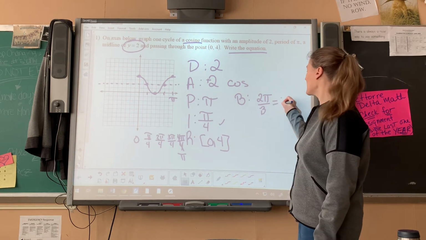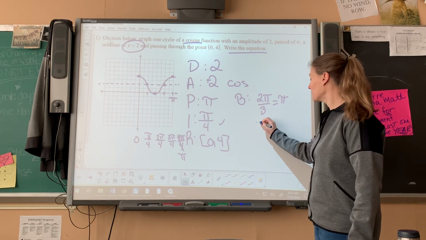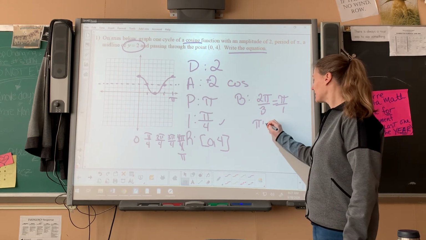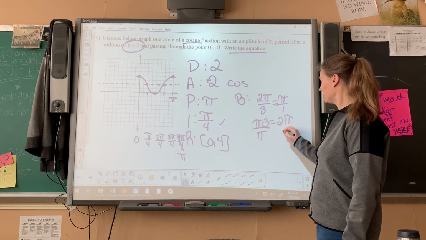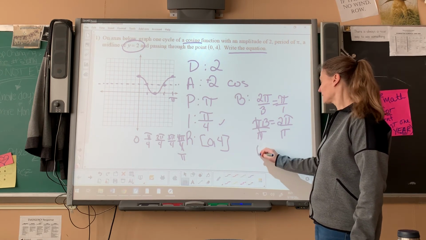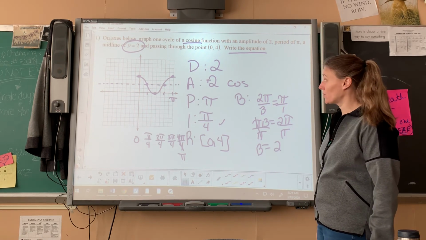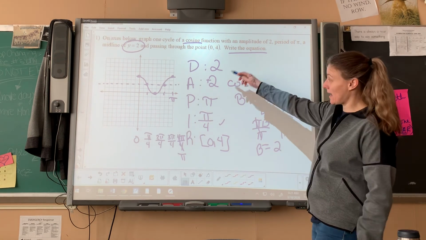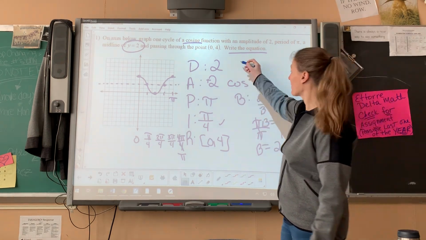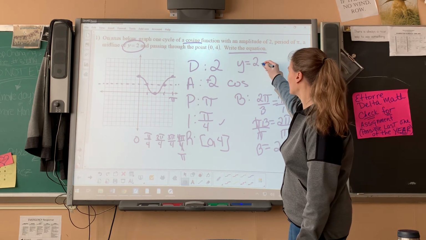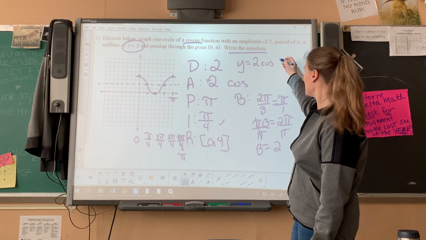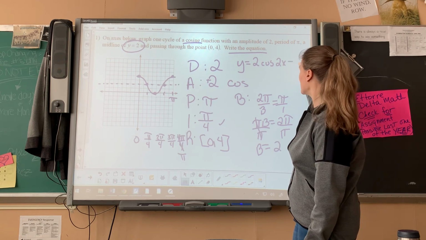So we just set it equal to pi, cross multiply. So B is 2. So we have our A, B, and D. We can write our equation. A cosine Bx plus D.